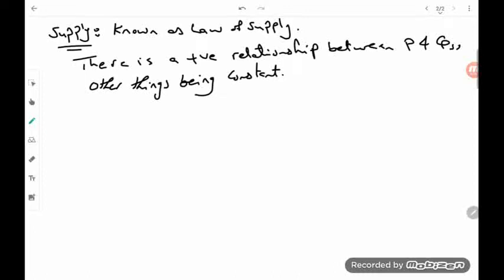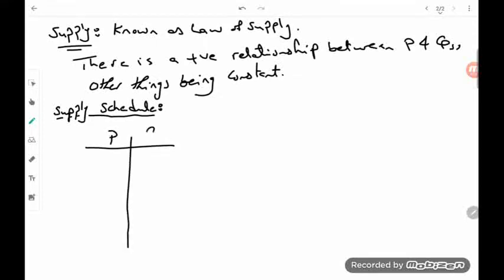The law of supply can be illustrated by words, or using a supply schedule, or supply curve, or using a mathematical form, which is the supply function. So let's start with the supply schedule. The supply schedule shows the relationship between price and the quantity supplied of a product.